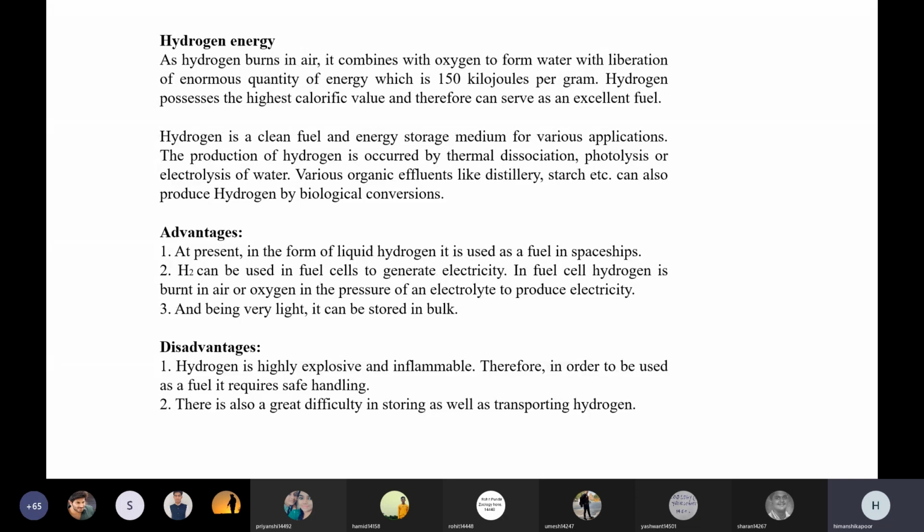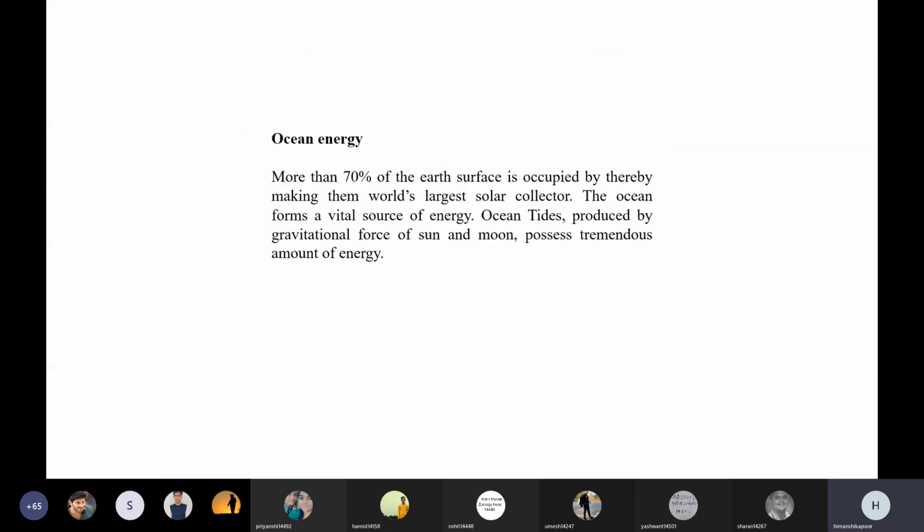And if we come to the disadvantages, then obviously it is very inflammable. It is highly inflammable, and it is explosive, which makes it very difficult for us to store as well as transport, and we also have to handle it very safely. Now coming to ocean energy.